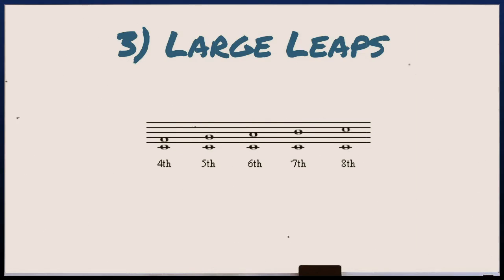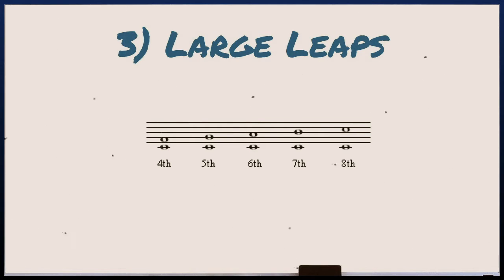The next common technique is to use large leaps. Now, the main theme for most films or video games really uses this one because it's one of the quickest ways to create a memorable melody, something that really sticks in your head. And if it's a main theme for a movie or a game, it's going to really stick in your head for the entirety of that project.